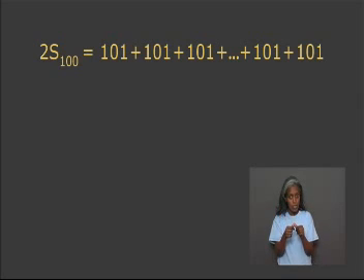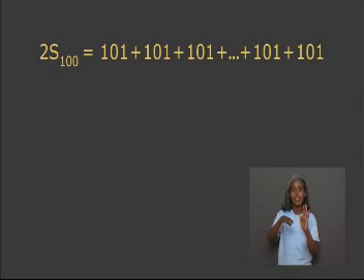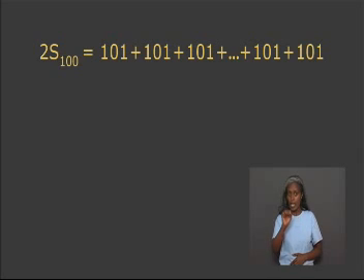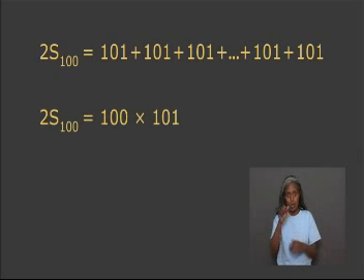Notice that when we add each pair of terms together, denoted by 2s, we are left with the same sum, 101. 2S100 equals the product of 100 multiplied by 101.